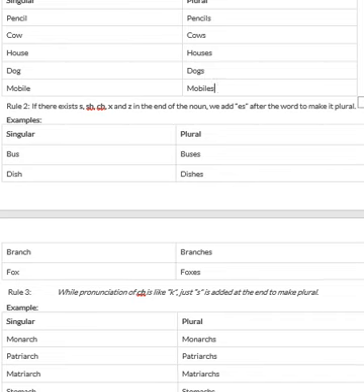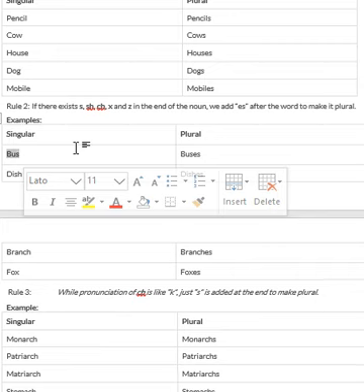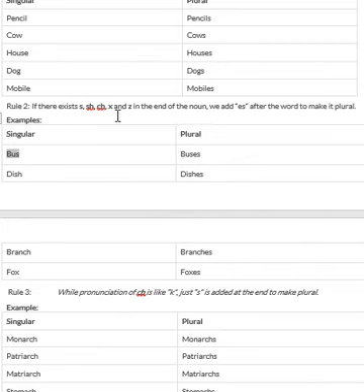If there exists S or SH or CH or X and Z in the end of the noun, that is in the end of the word, we will have to add ES in place of S.